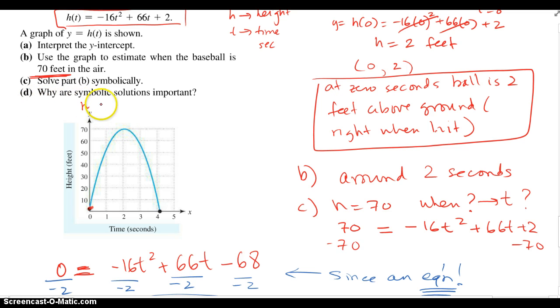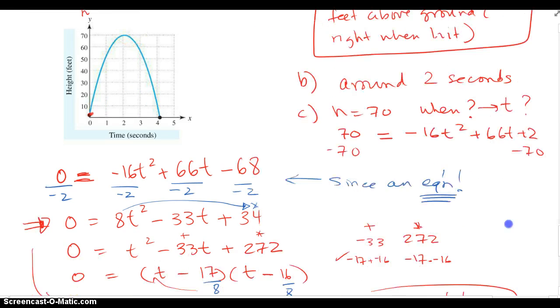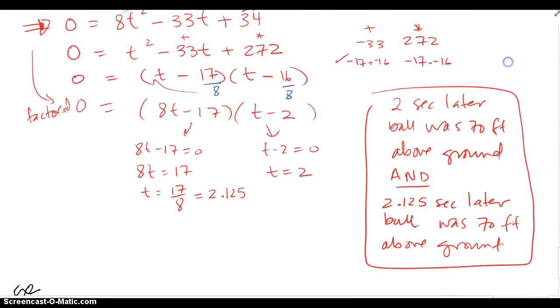Part D says, why are symbolic solutions important? Because they are more accurate. Sometimes, visually, you guesstimate, but if you actually do it symbolically, it sheds more light. Like here, I only got one answer visually by looking at the graph, but when I did it symbolically and set it equal to 70 feet above the ground, I ended up with two different times when the ball is actually 70 feet above the ground.